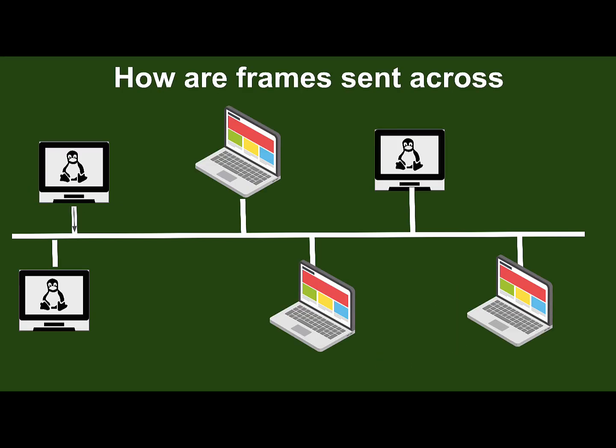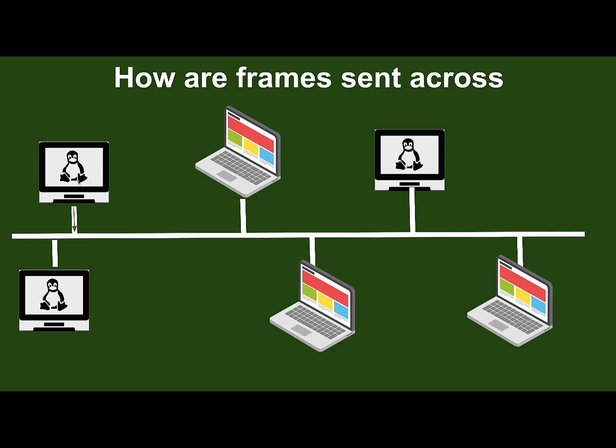Now, how are the frames sent? Let's say this PC here wants to send a packet to one of the PCs down here. It doesn't immediately send the packet. As I mentioned, this is a shared medium, which means the medium can be used by other PCs at the same time.